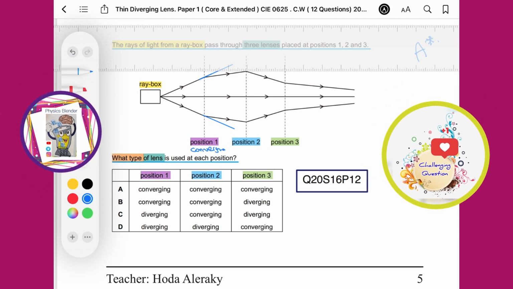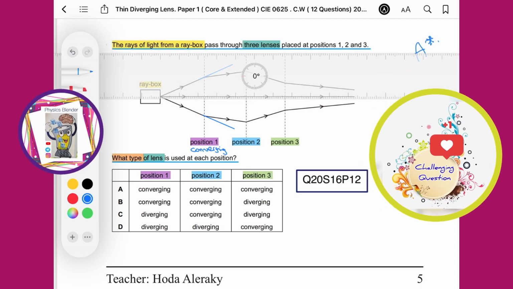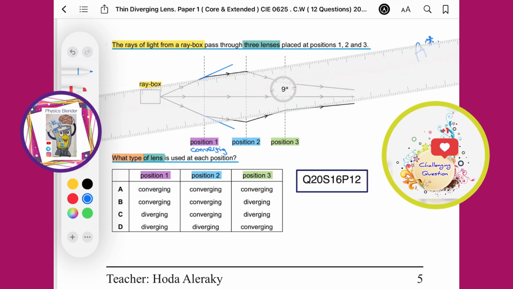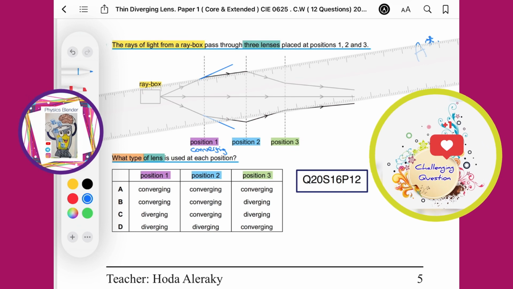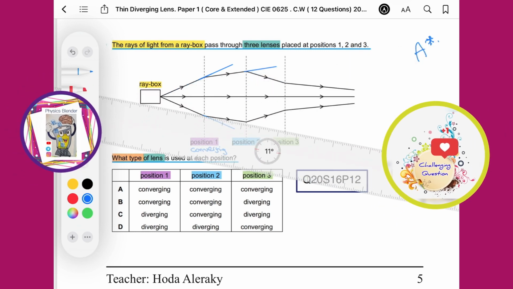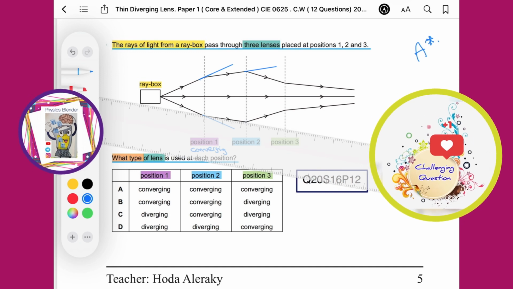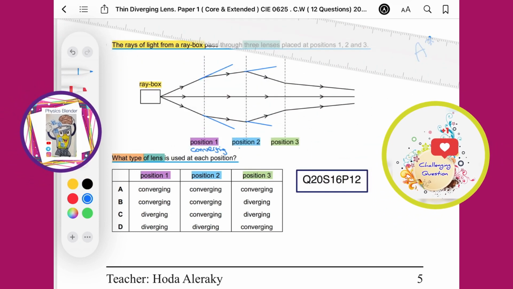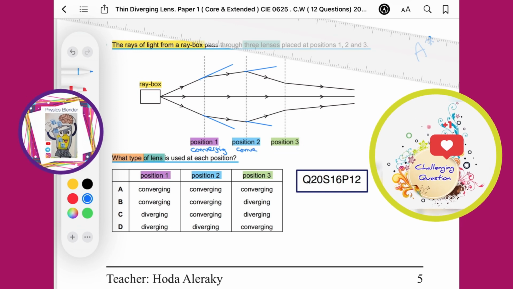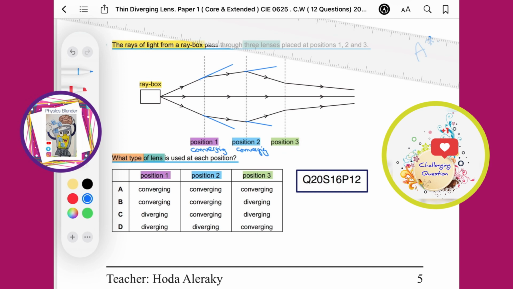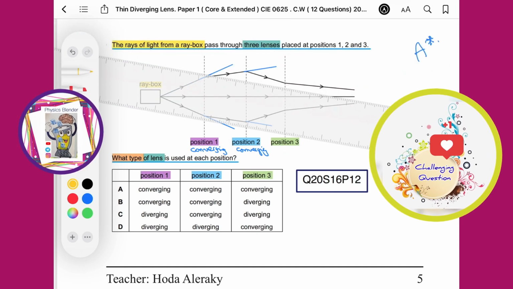Is it clear? We will continue at position 2. It could continue in a straight line, but it's converging. Here also it could continue in a straight line, but it's converging. So in position 2, it's converging. Let's check the last one, position 3.